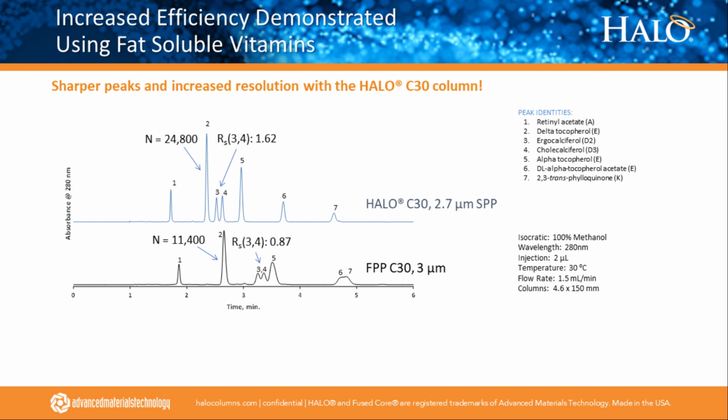In terms of the resolution on the fully porous particle column, we only saw a resolution of 0.87. So this, just to reiterate what we saw with the Van Deemter results, we're getting those high efficiency results with the superficially porous particle column.